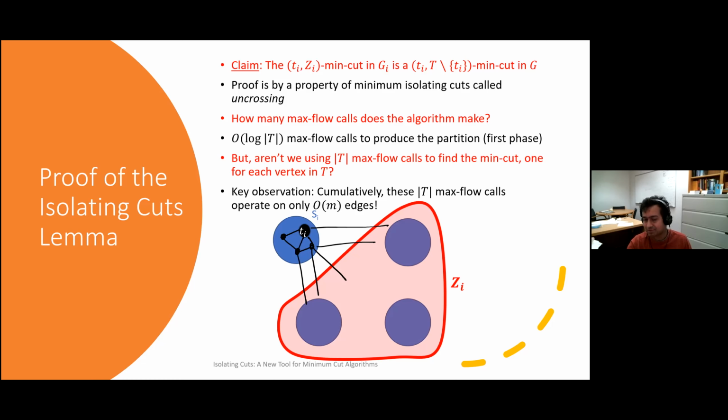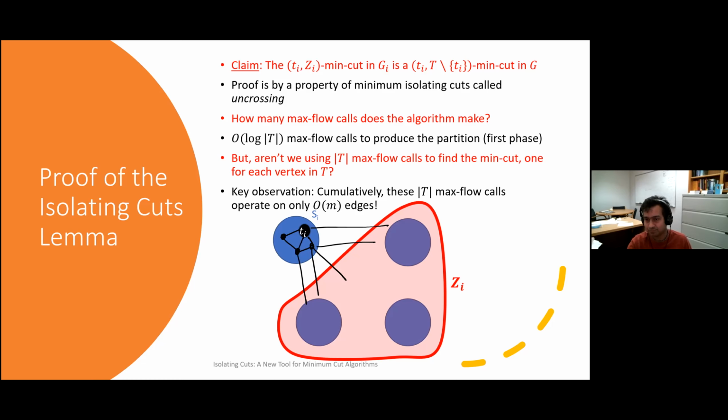But these edges, I claim, only show up in at most two max flow calls, because if you have an edge that goes from a vertex in Si to a vertex in Sj, then it shows up in the max flow call for Si and it shows up in the max flow call for Sj, but it does not show up in any other max flow call, because Si and Sj will get contracted into Z in all the other calls. So every edge either shows up in precisely one of these max flow calls or in two of them, depending on whether it's internal to an Si or it interfaces between two different Sis.